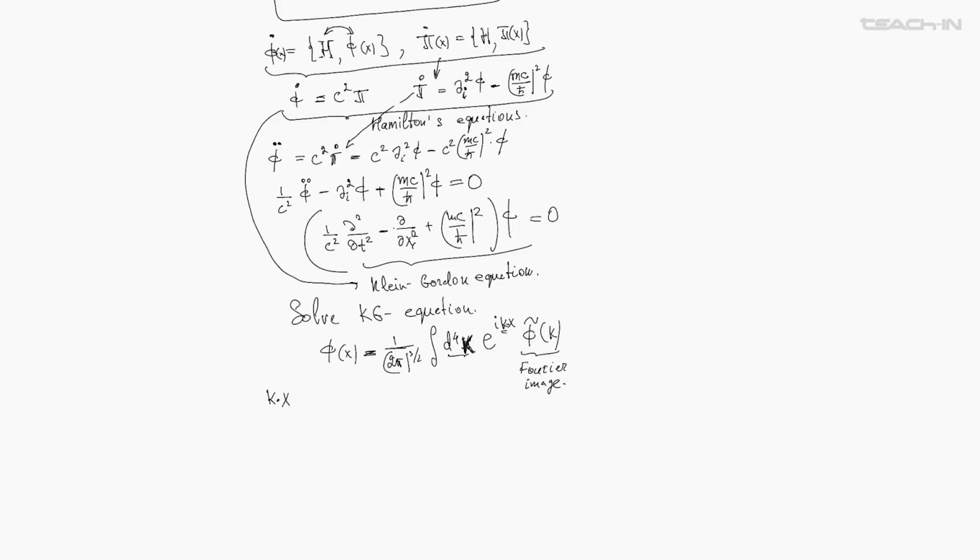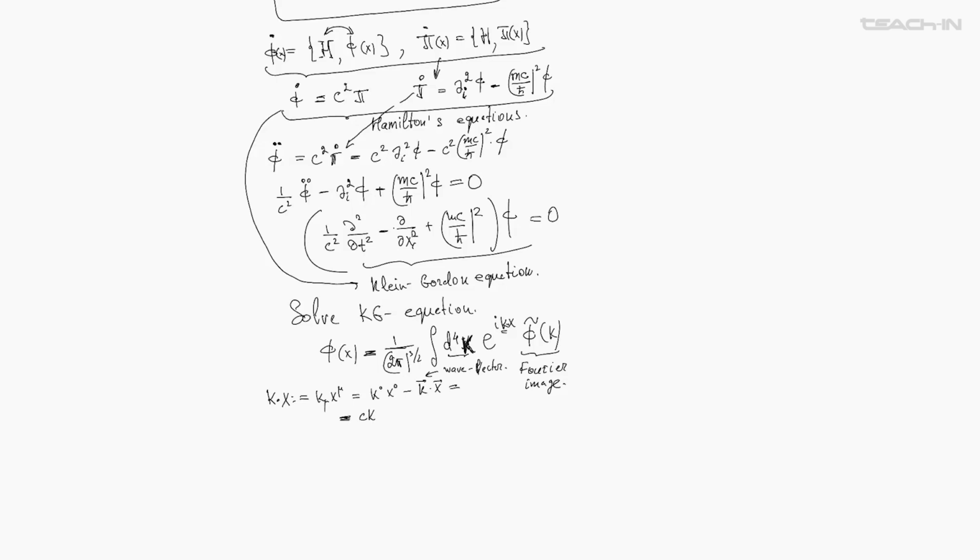According to our notation for the Minkowski metric, this is k0 x0 minus kx, where these are the three-dimensional vectors k and x. Very often this is written with the help of what is called the wave vector. So k here is the wave vector, and k0 I can also write as ck0 multiplied by time minus kx.